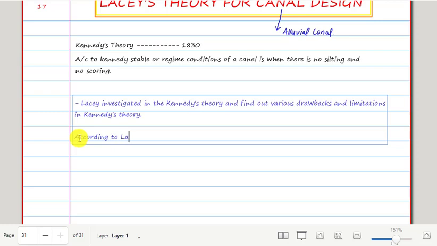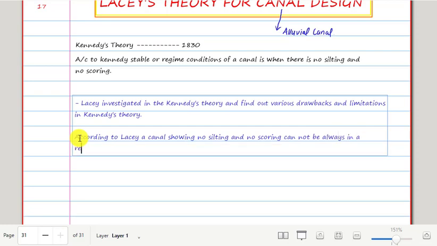According to Lacey, a canal showing no silting and no scouring cannot always be in a regime or stable condition. Got it?